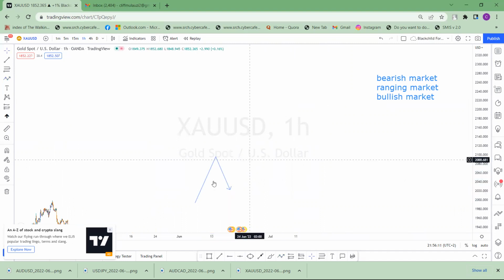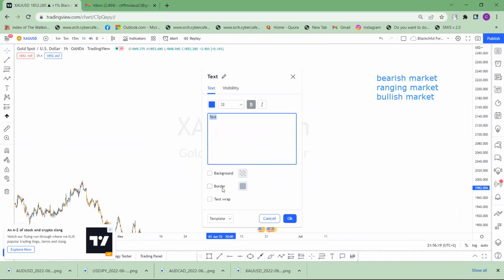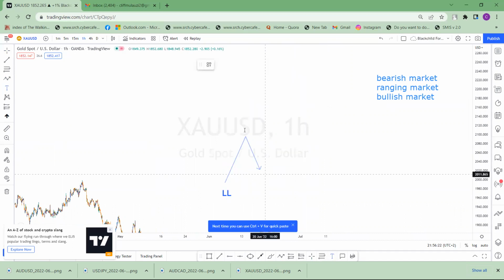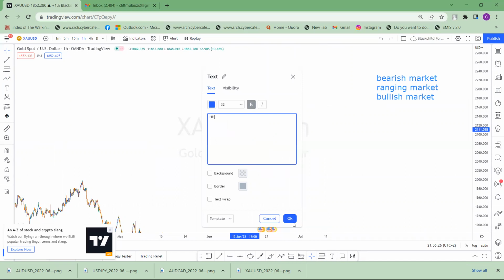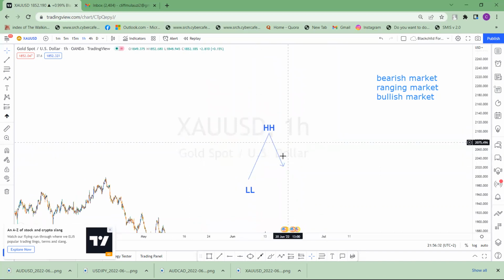If a market does something like this, the market has a lower low and a high high, right? So take the market as it has just done this. It has a lower low and a higher high.